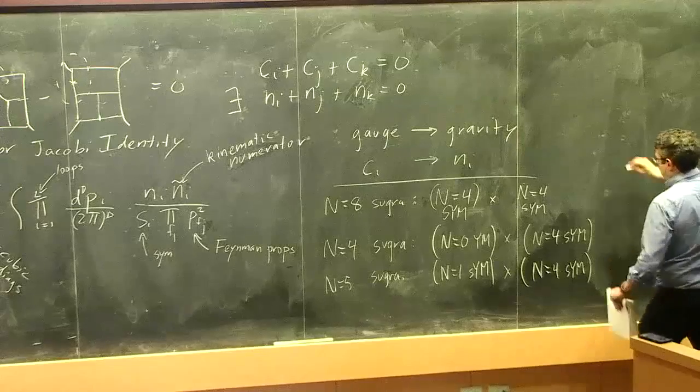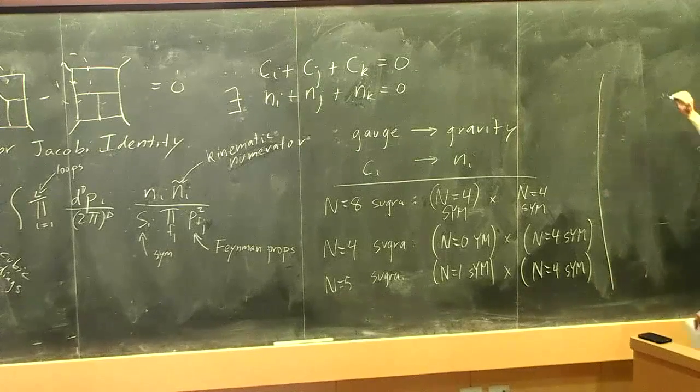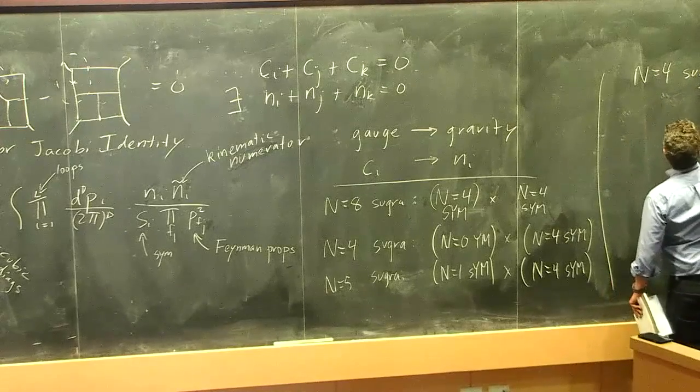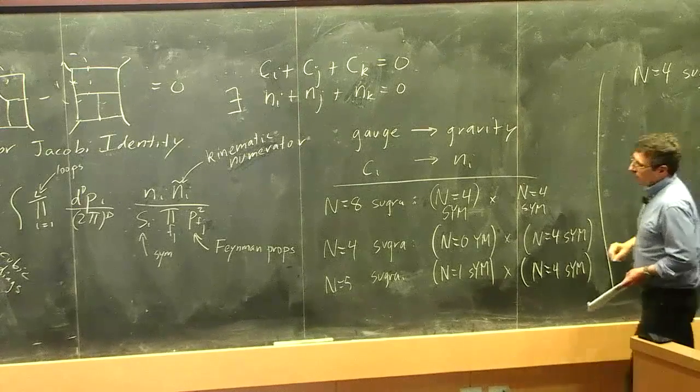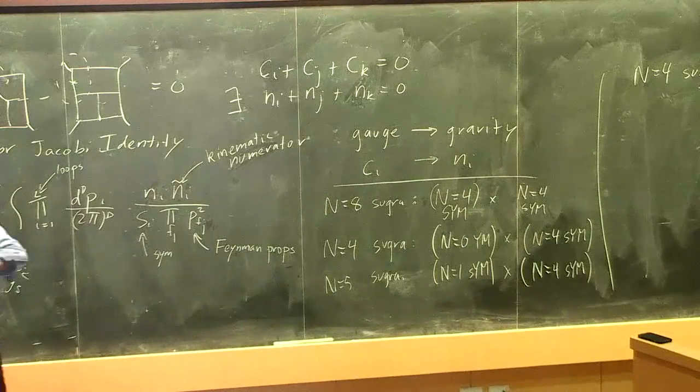Okay. So let's look at an example. So let's do N=4 supergravity at 3 loops. Okay? And let's have a look at the structure of it. And that'll bring me to the second case of magic, which is the ultraviolet properties.